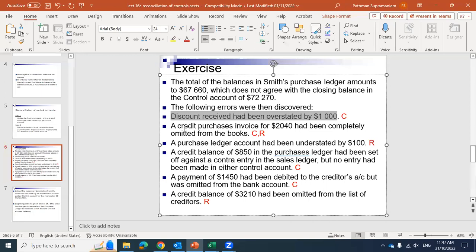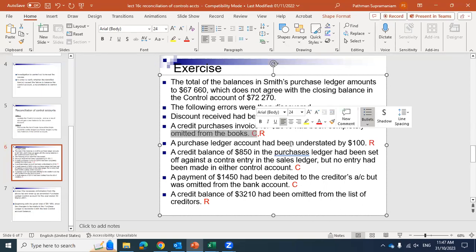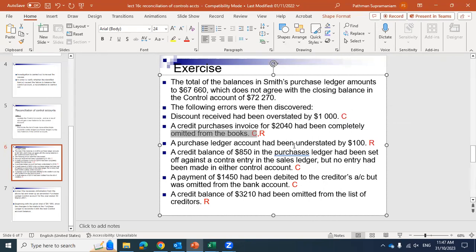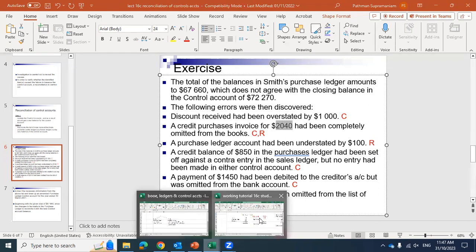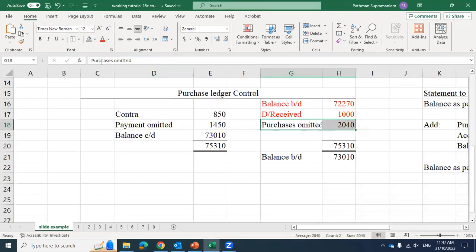Next, a credit purchase invoice for 2040 had been completely omitted from the book. So which means we have understated the amount of the credit purchases. And this is something that we need to record on the credit side. Hence, we have undercredited by 2040. So therefore, I will record 2040 on the credit side and I will label it as purchases omitted.